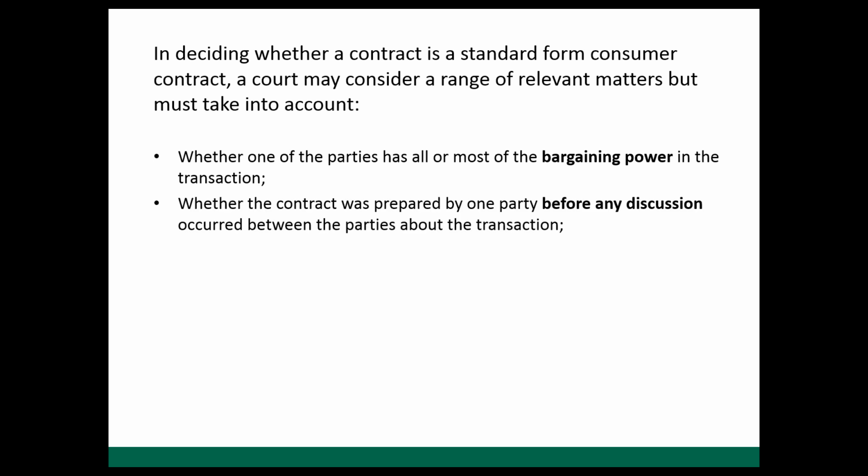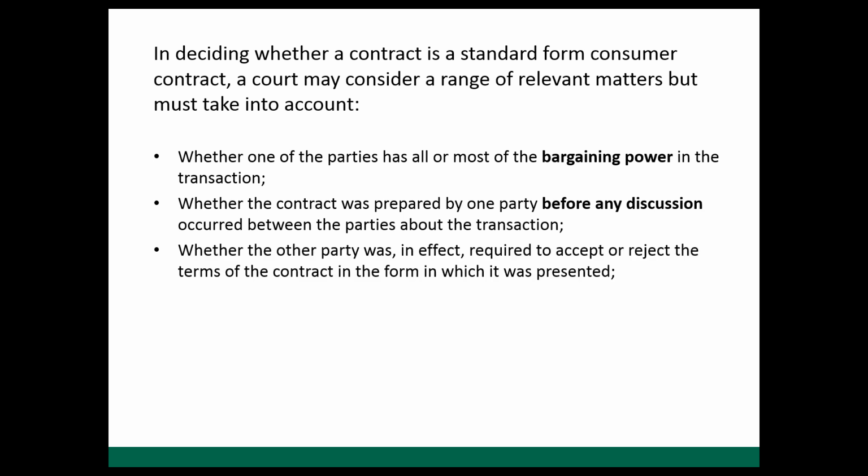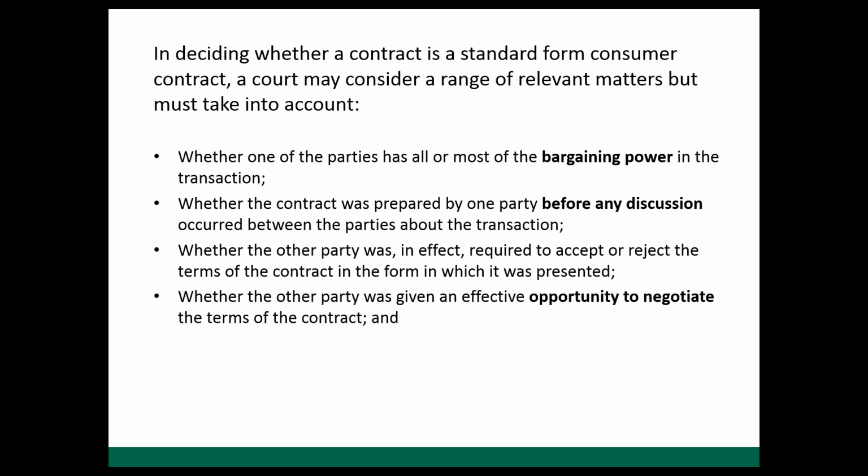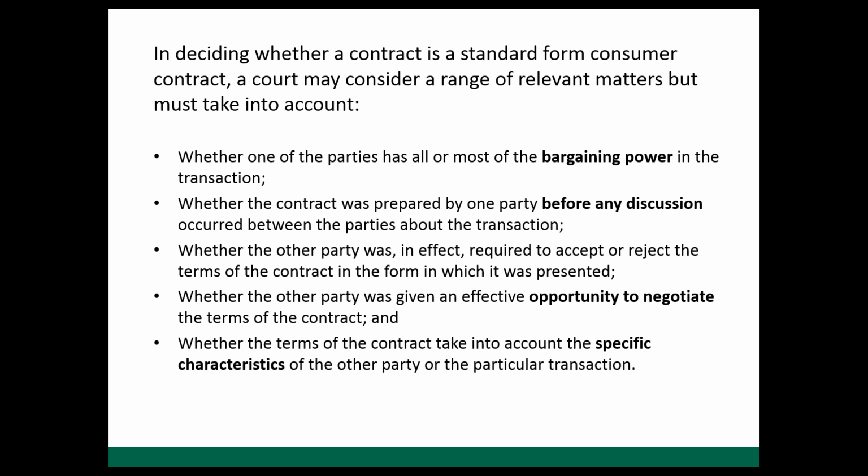They look at whether there's been any discussion before entering into the contract, whether the other party was in effect required to accept or reject, so you can't negotiate in between. Opportunity to negotiate the terms given an effective opportunity, whether the terms of the contract take into account the specific characteristics of the transaction that you're dealing with.